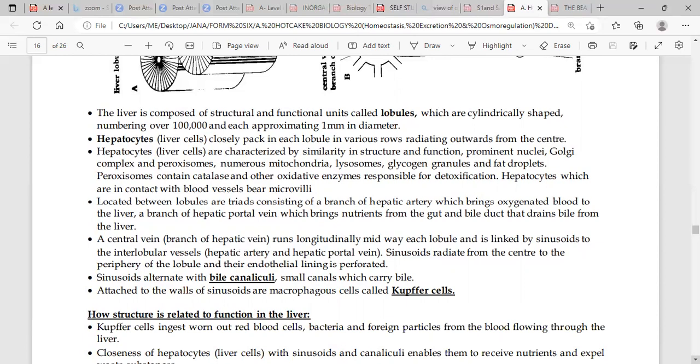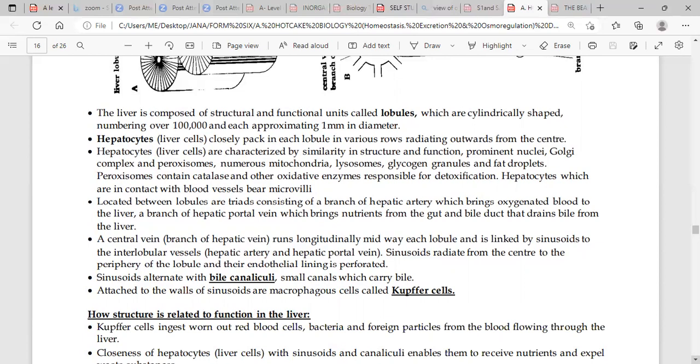And these sinusoids radiate from the center to the periphery of the lobule, and their endothelial lining is perforated.